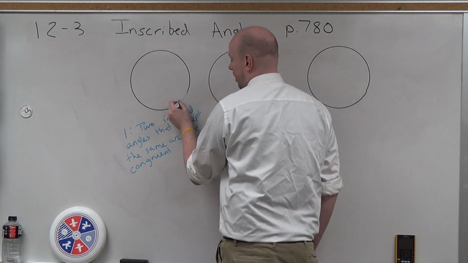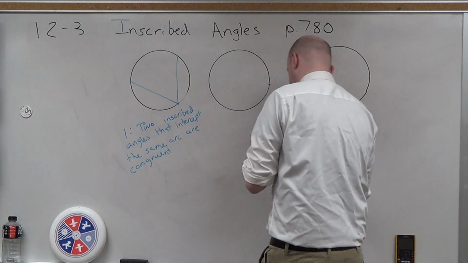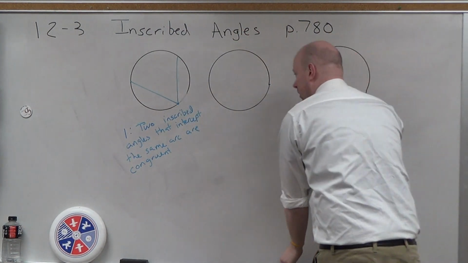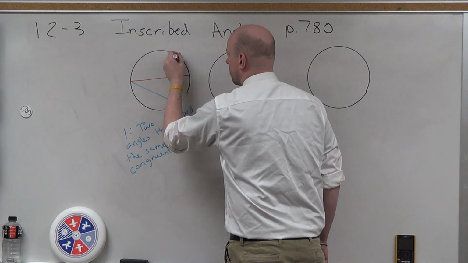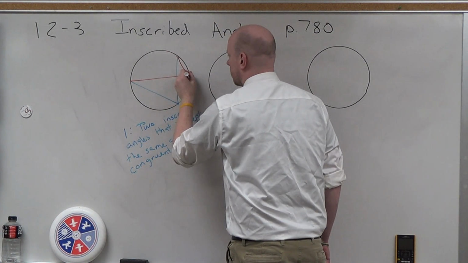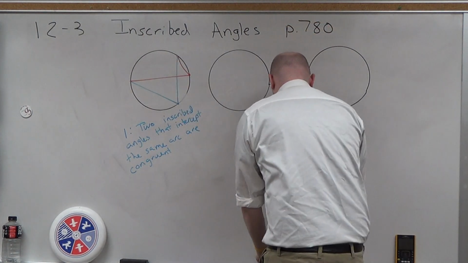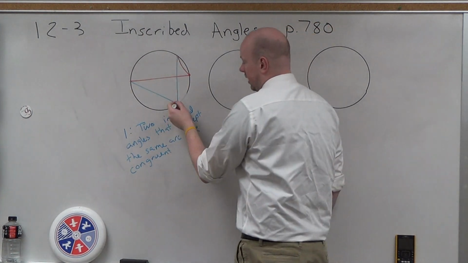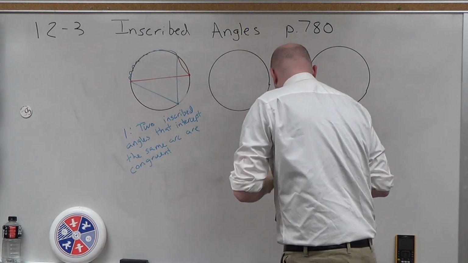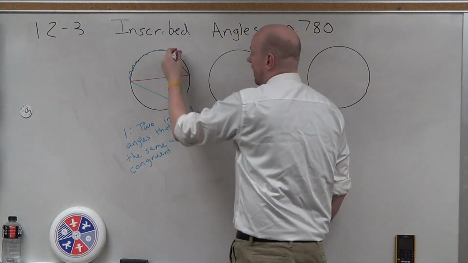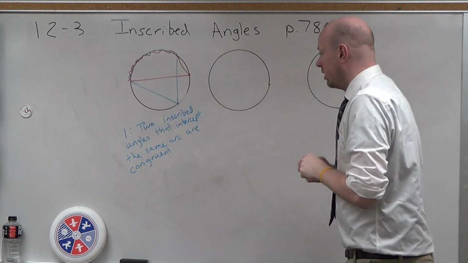So, if I get an arc like this, and let's say this, they both intercept this arc right here. Like this blue one would intercept this arc right along here, and my red one would intercept, again, that same arc because it shares the same endpoints.